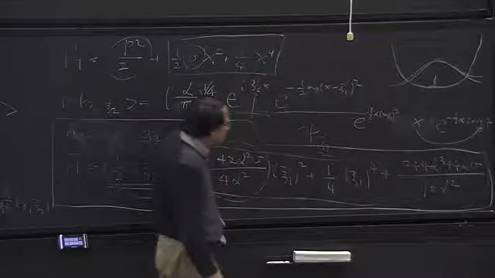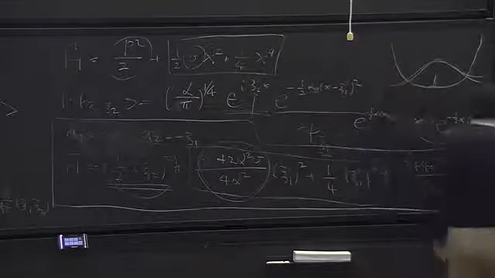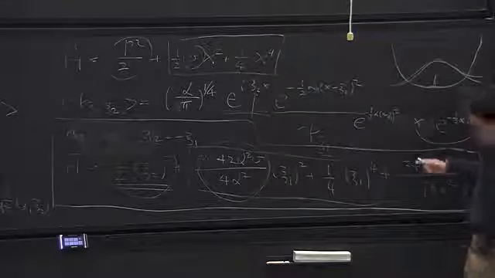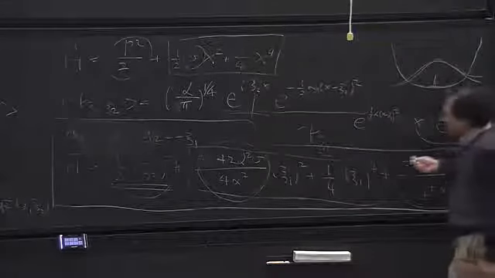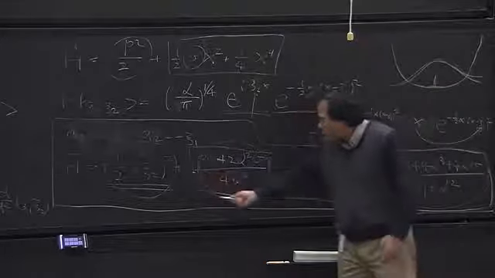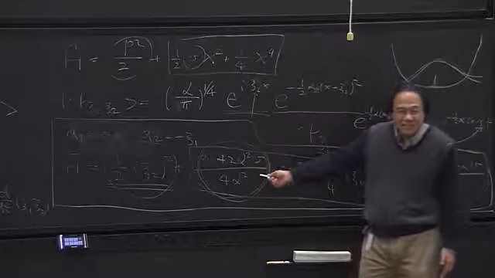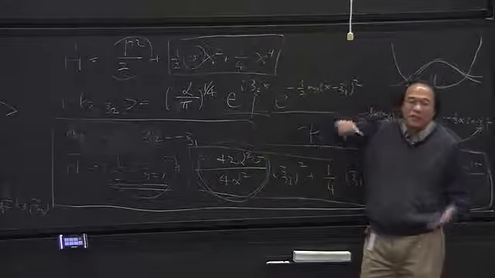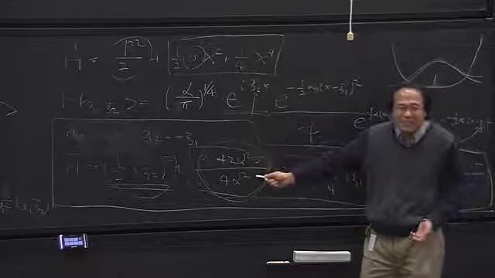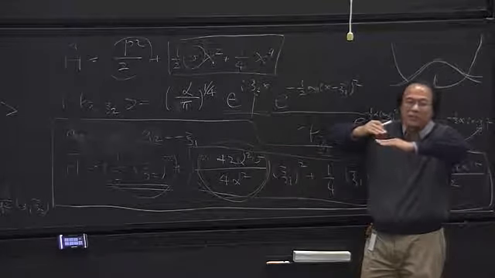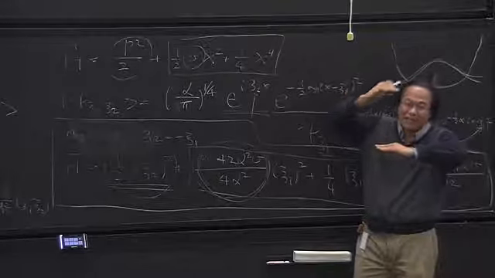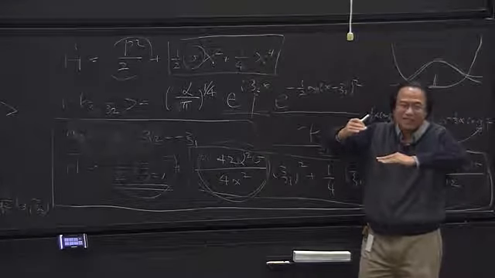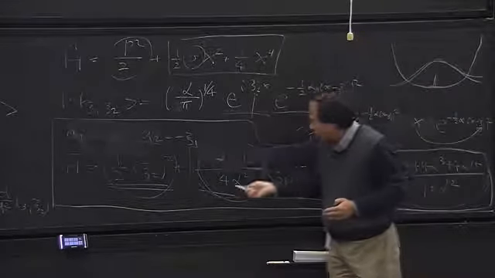We say the ground state is this one, and the first excited is this one plus some frequency determined by this spring constant, h bar omega. So actually we get an explicit expression for the first excited state. Basically, it's something like this.